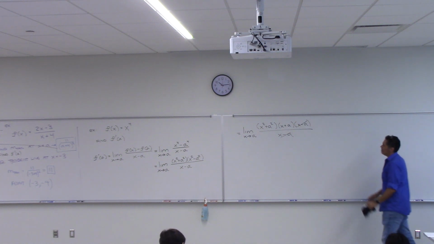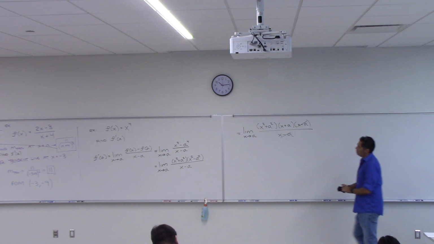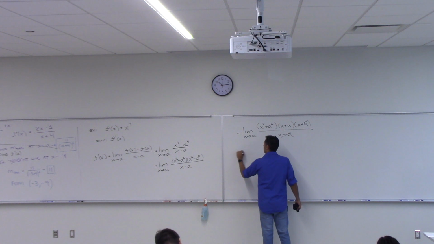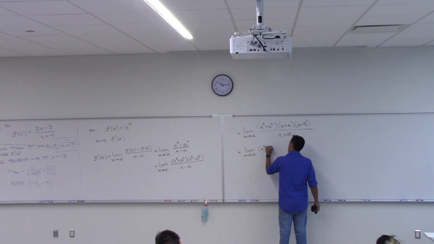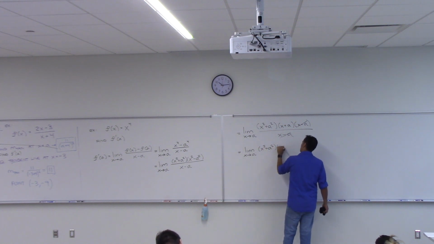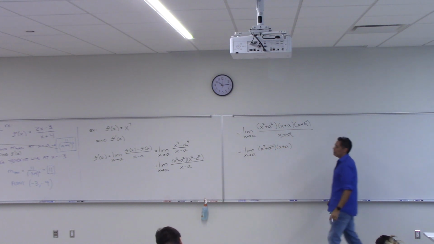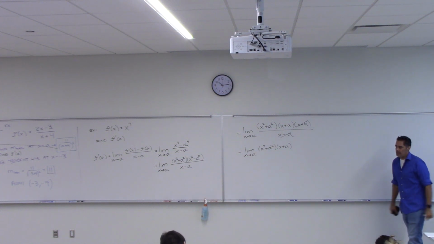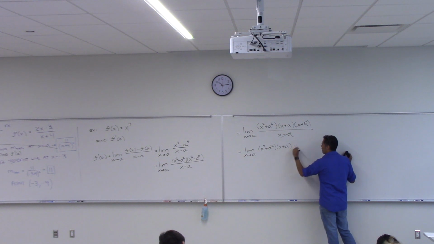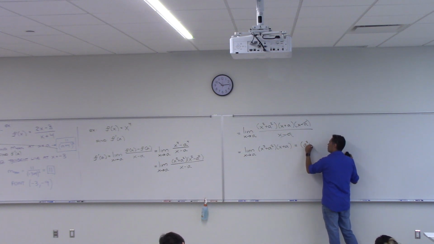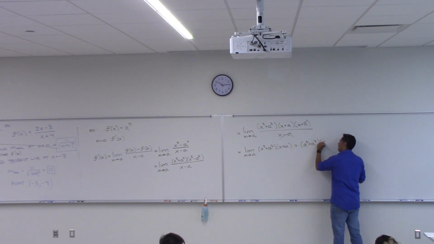We get the x minus a to cancel. So what you're left with here is the limit as x approaches a of x squared plus a squared times x plus a. At this point, you can let all the x's become a's, which would give us no more limit, a squared plus a squared times a plus a.